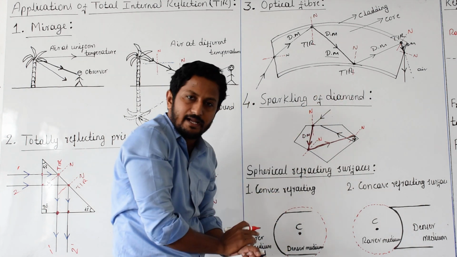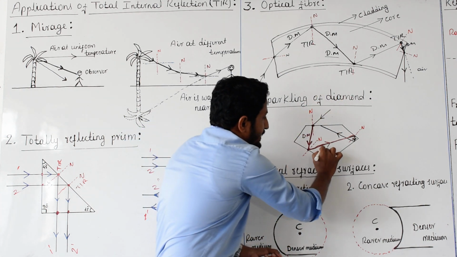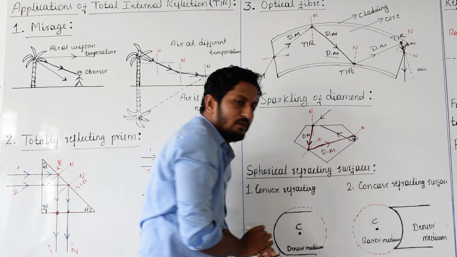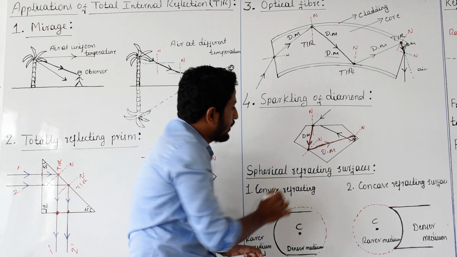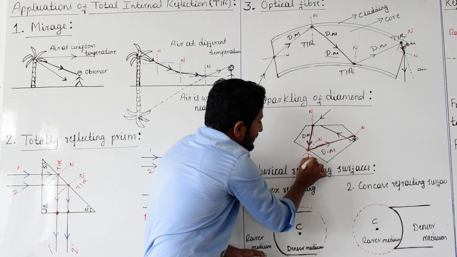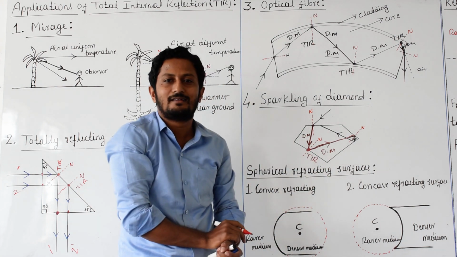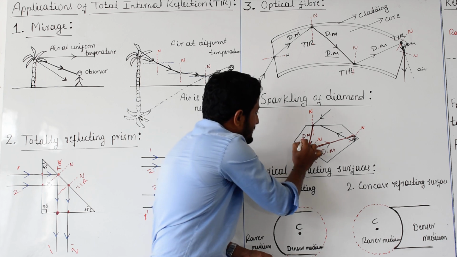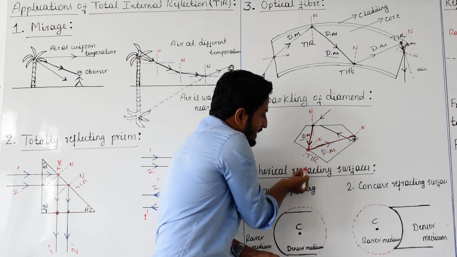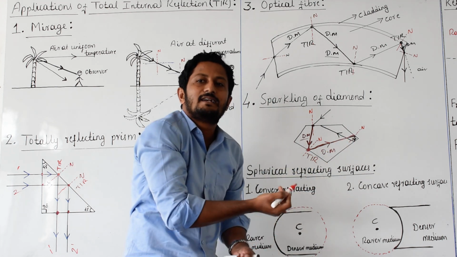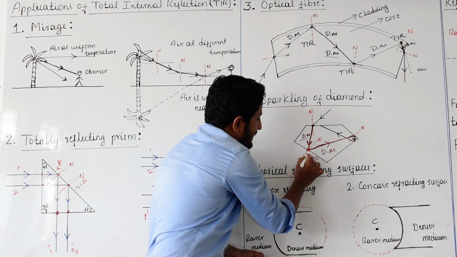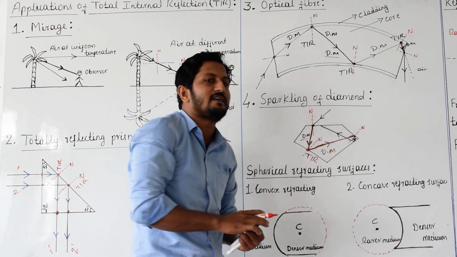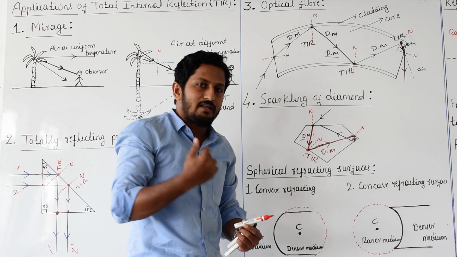It came through the denser medium and bounced back into the denser medium. Here TIR happened. This is TIR. Here at this point, TIR takes place.